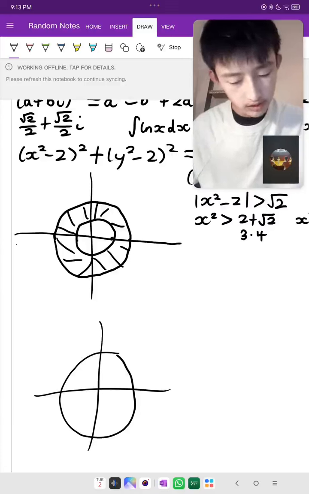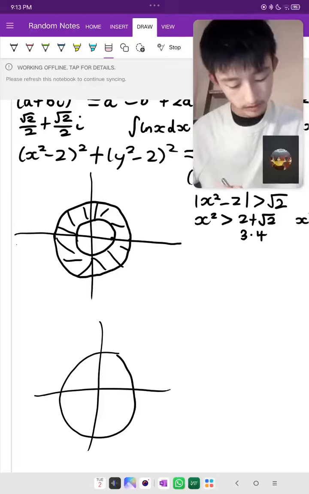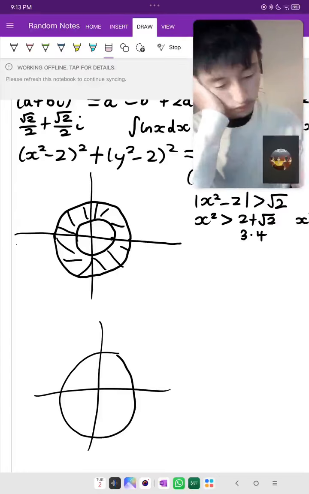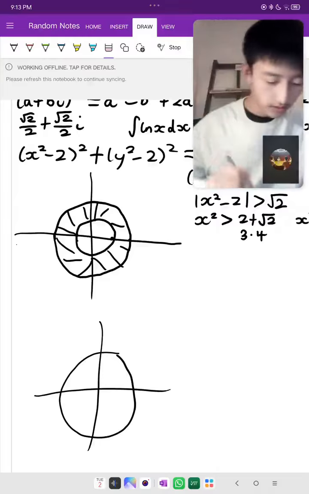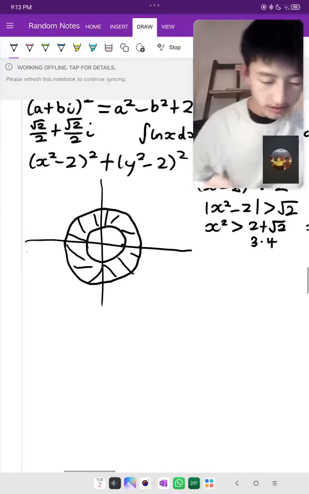I may wish to complete the square, therefore. I'm not sure if that's worth it. I mean, if I do complete the square, then in theory I should just get transformations of a circle. So I probably would like to try that.